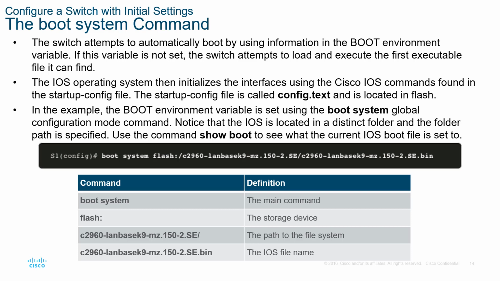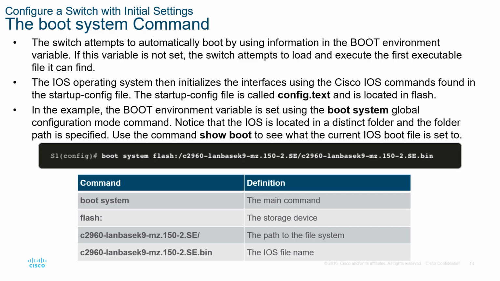We will then give it the path to the file system. Here we're giving it a folder, and then underneath that folder or directory, it will be the IOS file. Keep in mind that the IOS file is not a .iso. It's not a .ios. It's not a .exe.